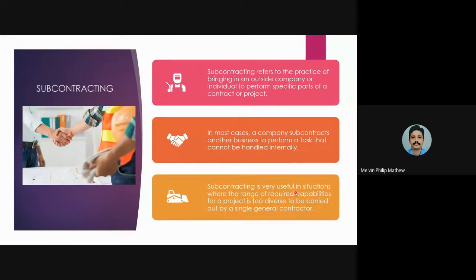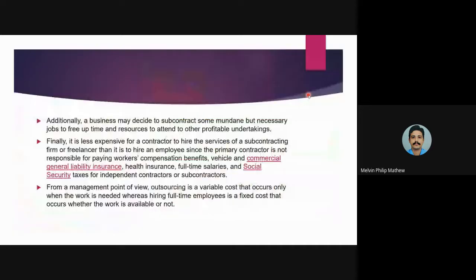Subcontracting is useful in situations where the range of required capabilities for a project is too diverse to be carried out by a single general contractor. So we give it to various contractors, and they do the work and then we obtain the component.